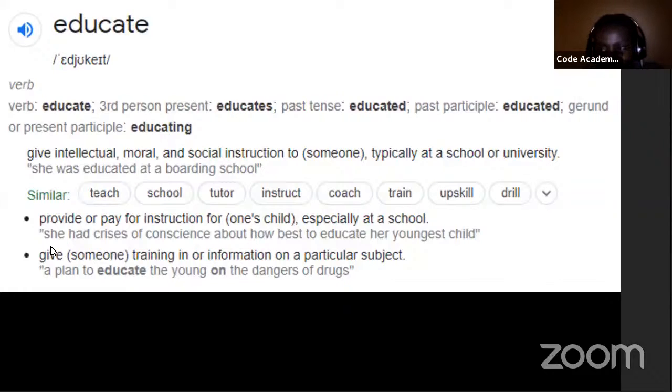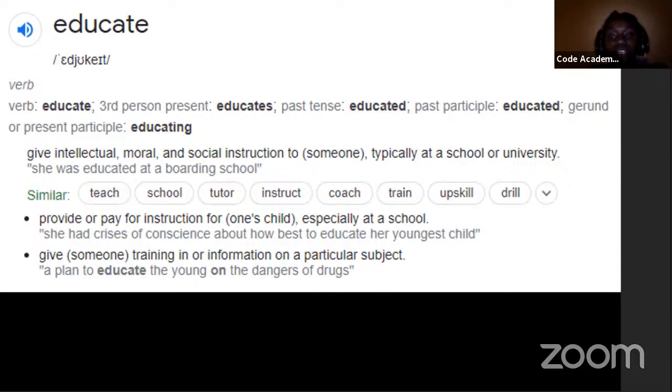Whenever you go to a dictionary, there are usually many definitions, but then there's one that relates to what you're looking for. So in this case, it's the last one of give someone training in or information on a particular subject.